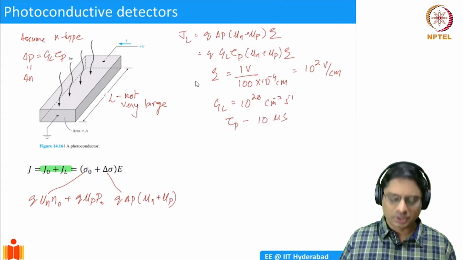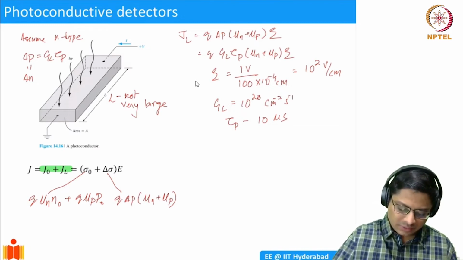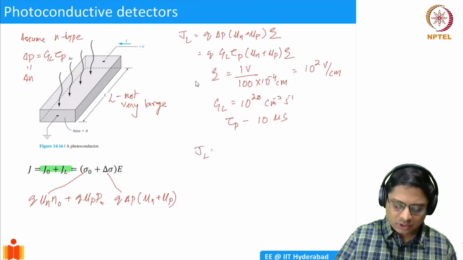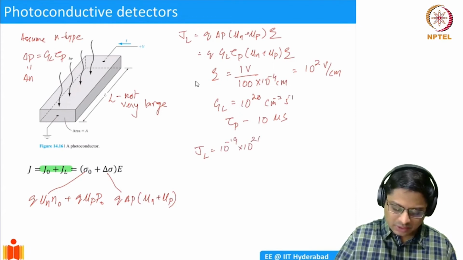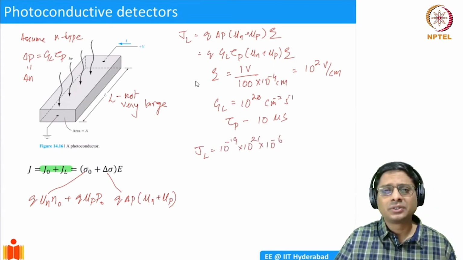So if you try to directly estimate JL, I'll just do an order of magnitude estimation: 10 power minus 19 for Q, and this is 10 power 21. Tau p will be 10 power minus 6. Mobility for N type is 1350, and for P type it is 400.